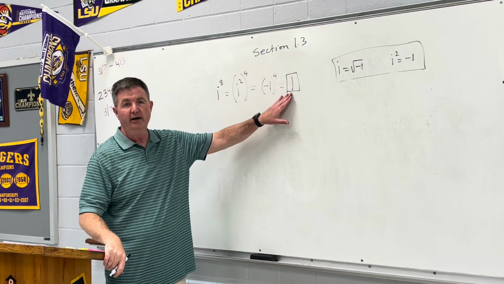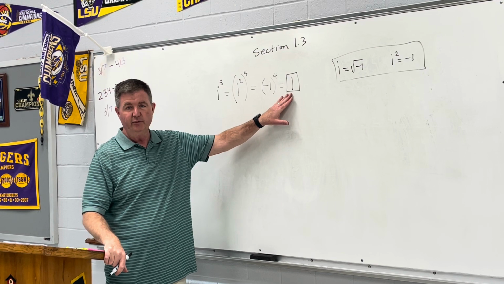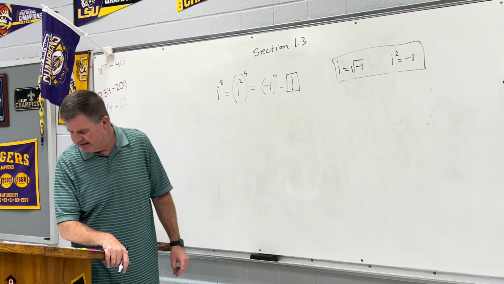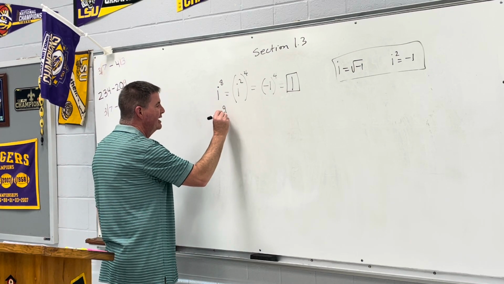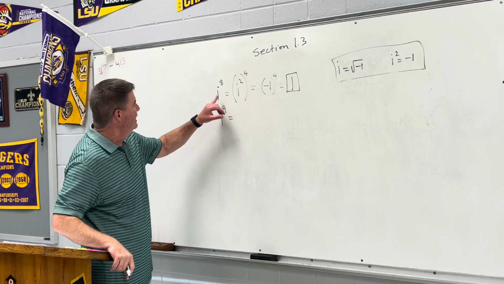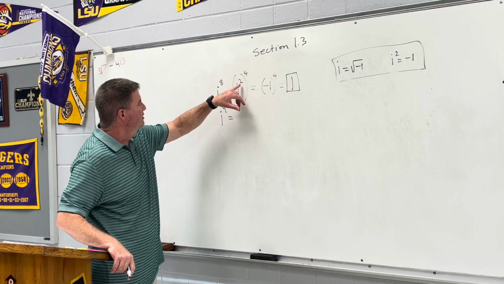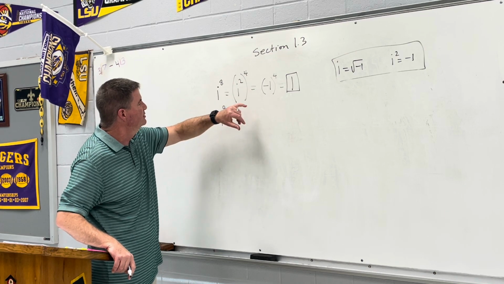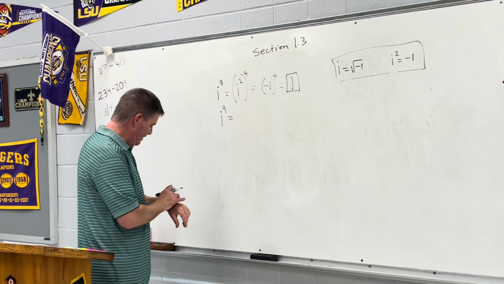This is one of the scenarios that you can have. 1 would be the answer. Another scenario you can have is, suppose I have i to the 9th power. Well, I can't do exactly like I did here. 8 divided by 2 was 4, so I could put it that way, but I can't divide 9 by 2.